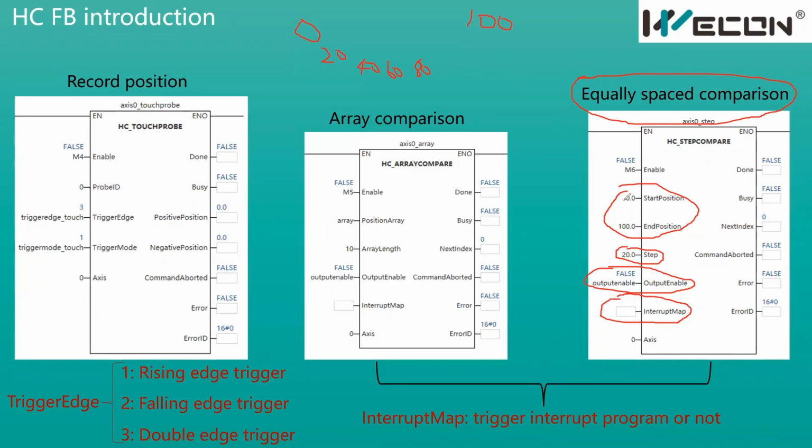Within the same range, if we set the step as 1, it means when the counting value achieves 0, 1, 2, 3, 4, and until 100, every time the counting value achieves this value, our hardware will output one time, and the interloop program will be executed one time. So this tool is also used for comparison.